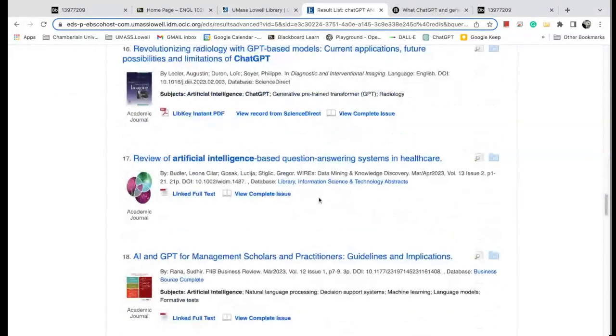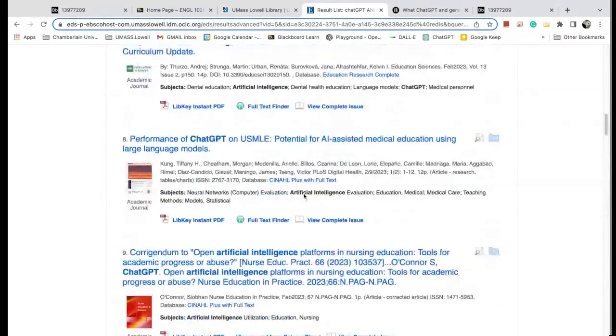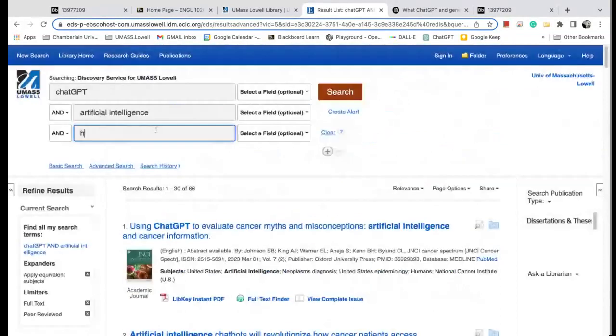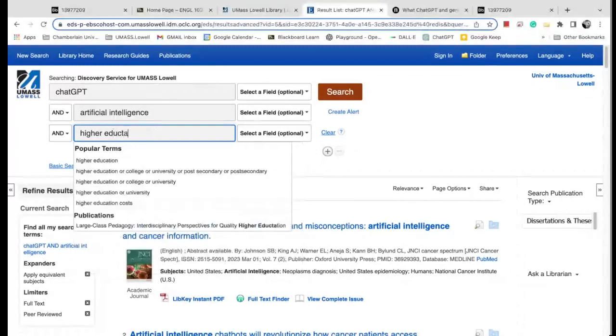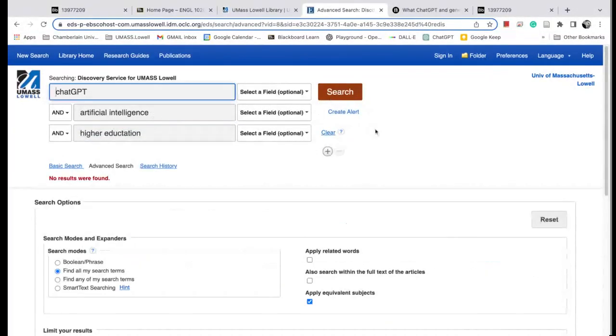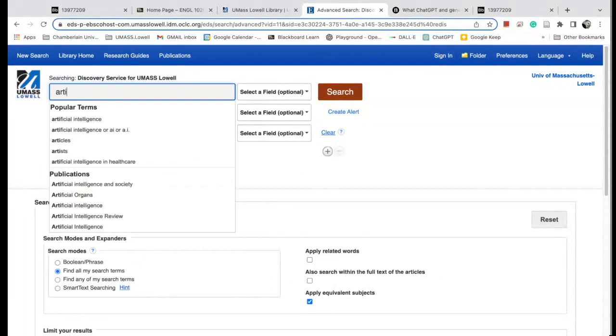healthcare. Okay. The other thing you can do, if you're deciding, is try to see if there are higher ed connections. Oh, okay, so no good. Maybe I'll get rid of one to see if I can widen it a little bit. Okay, so that didn't work. So I would probably now do artificial.